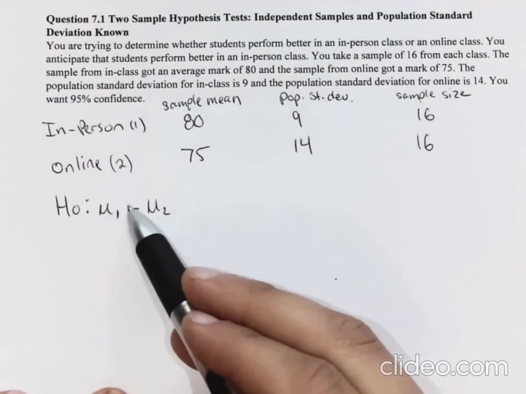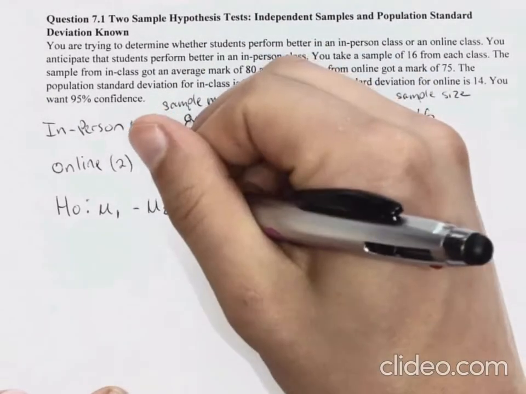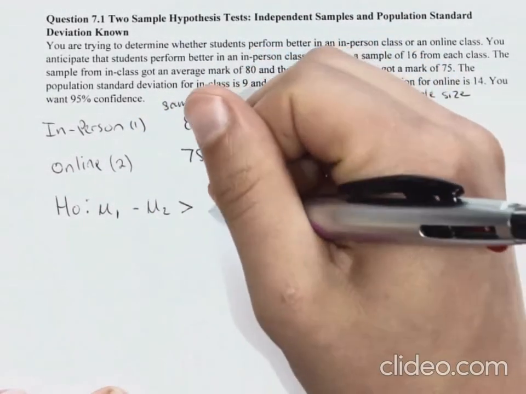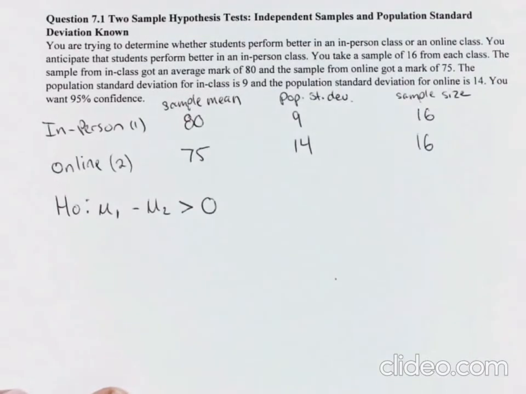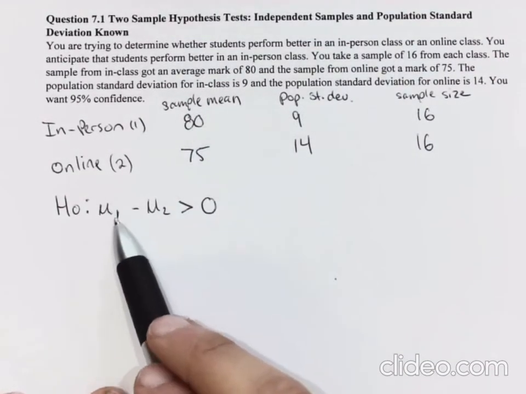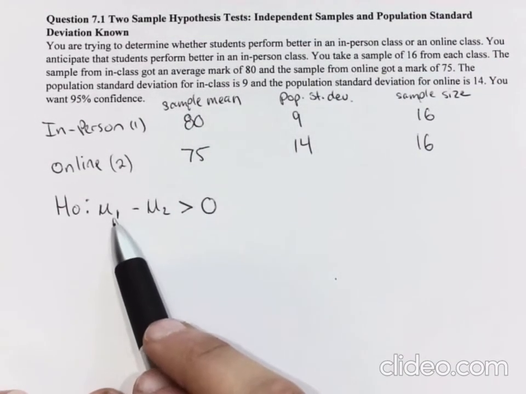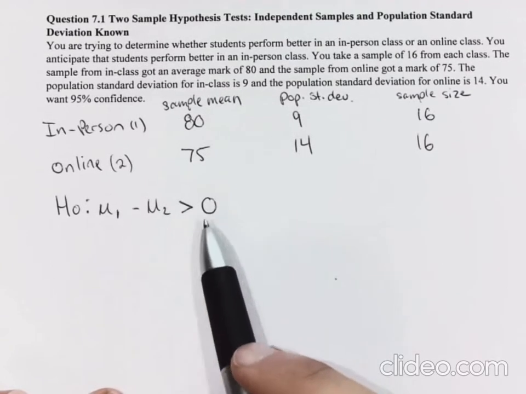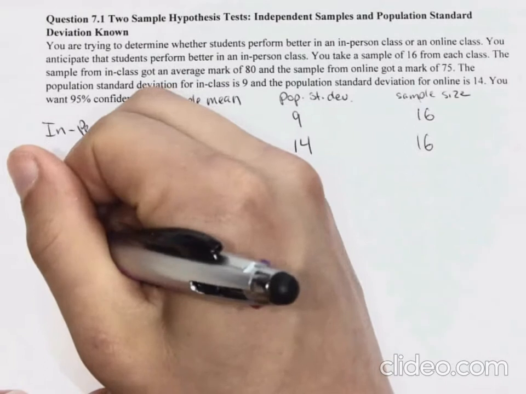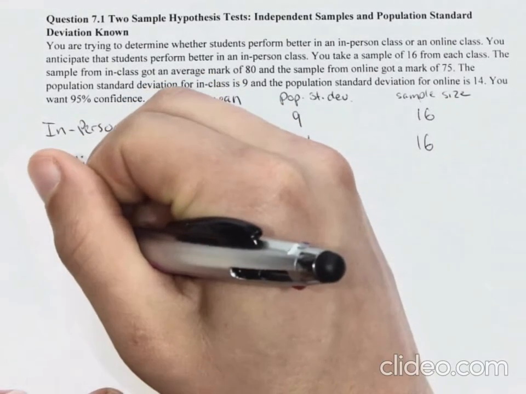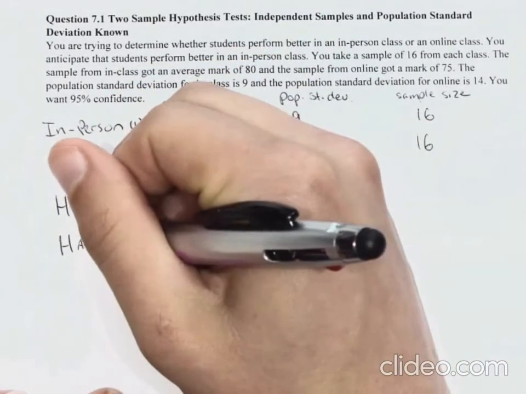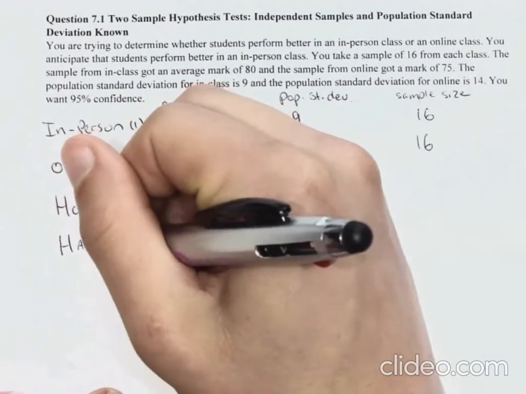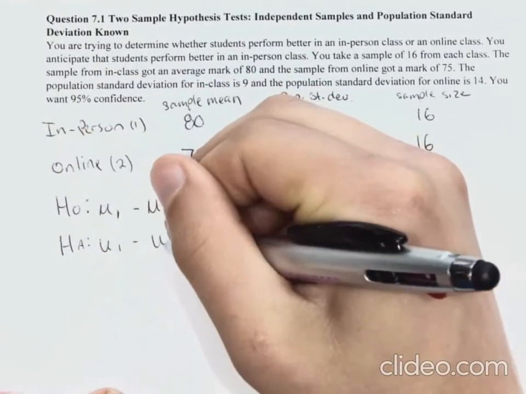We're saying that you will perform better, so this will be a positive number, more than 0, right? Because a higher mean of our in-person would mean that after we subtract our online, we would have more than 0, a higher mean. Our alternative hypothesis will be the opposite.